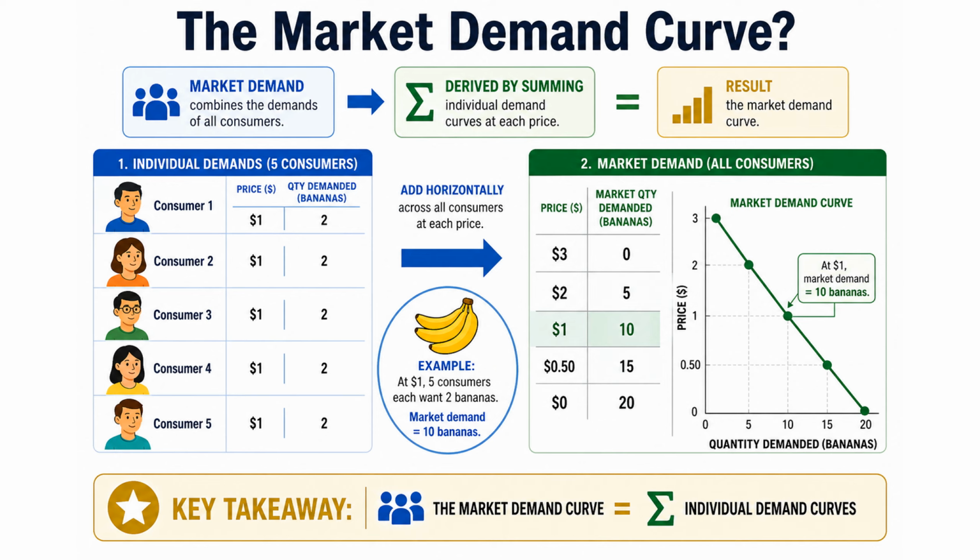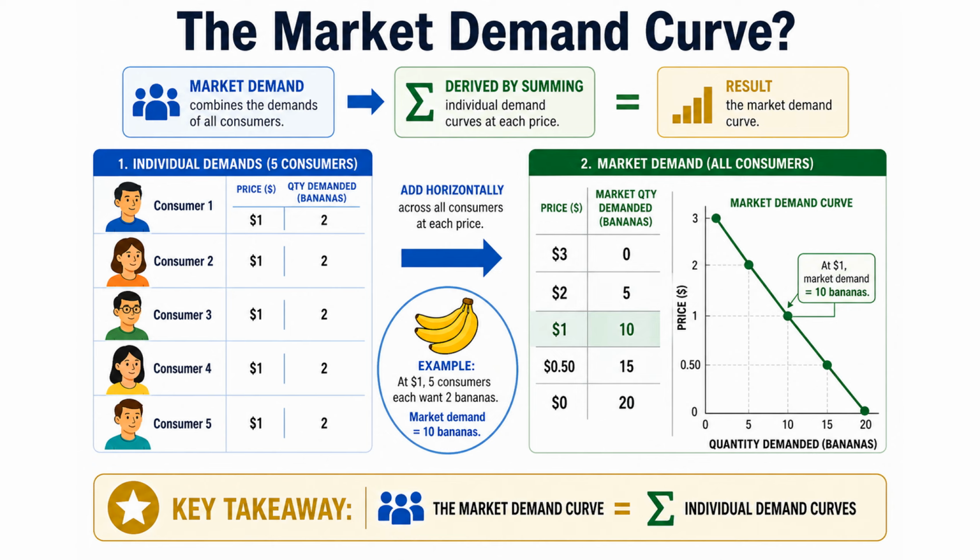For example, if 5 consumers each want 2 bananas at $1, the market demand at that price is 10 bananas. What this example shows is how individual demands add up to create the total market demand, showing the overall consumption behavior at a given price. Understanding the market demand curve helps businesses and economists analyze how changes in price will affect total sales and market dynamics.